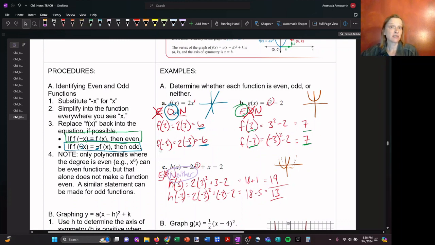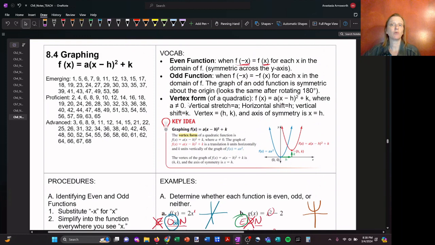I want to spend the rest of this lesson talking about the actual vertex form of a quadratic function. The vertex form has the form f of x equals a times the quantity x minus h squared plus k. And hopefully this is ringing some bells from when we did function transformations of transforming linear functions, transforming absolute value functions.